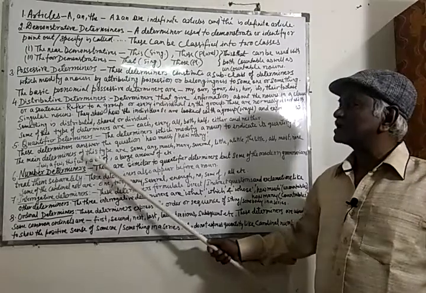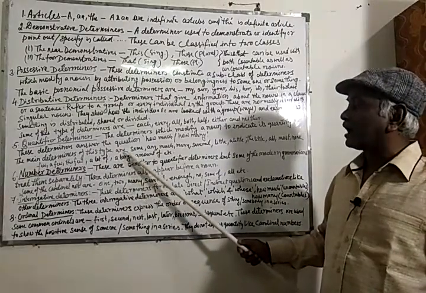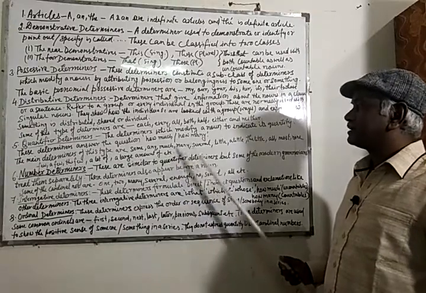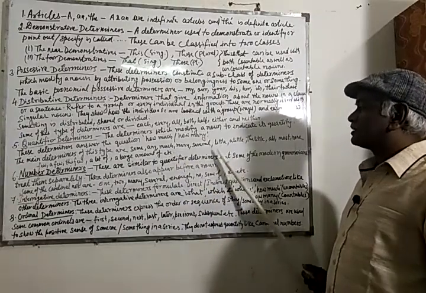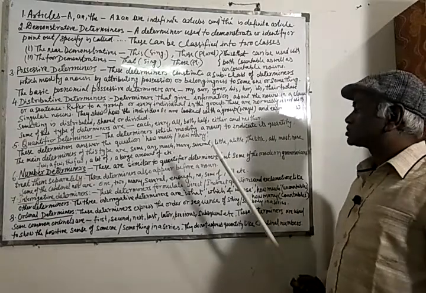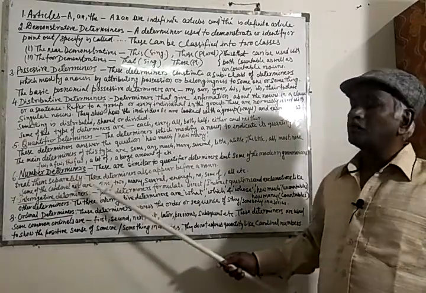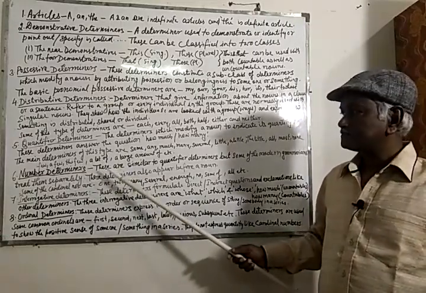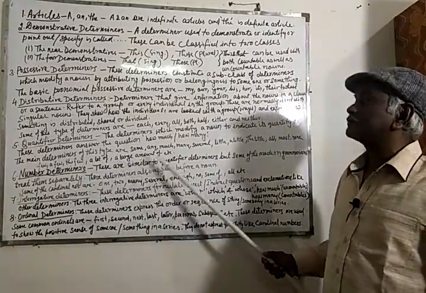The main determiners of this type are some, any, much, many, several, little, a little, the little, all, most, none, few, a few, the few, a lot of, a large amount of, etc.